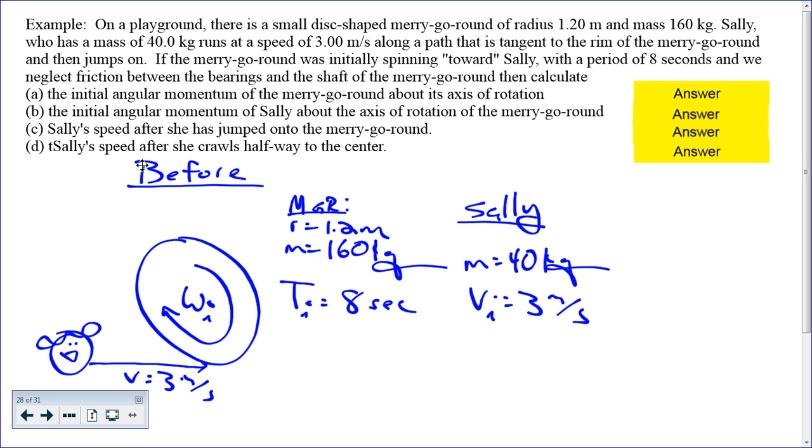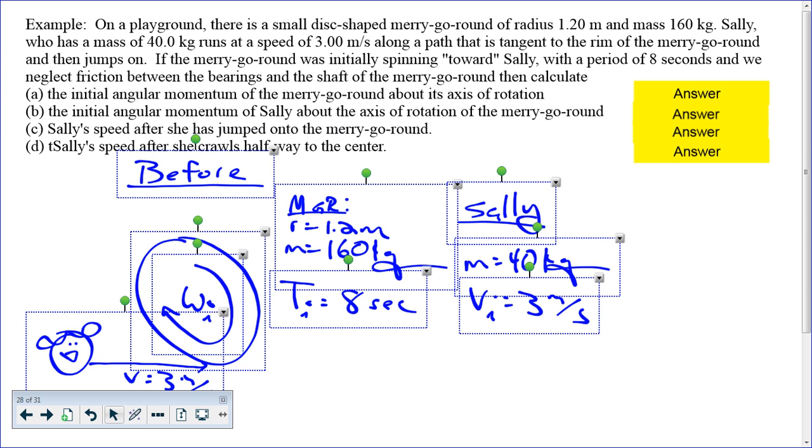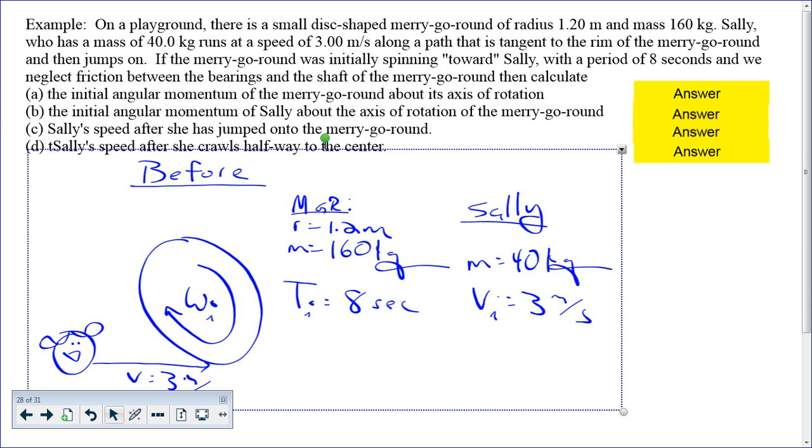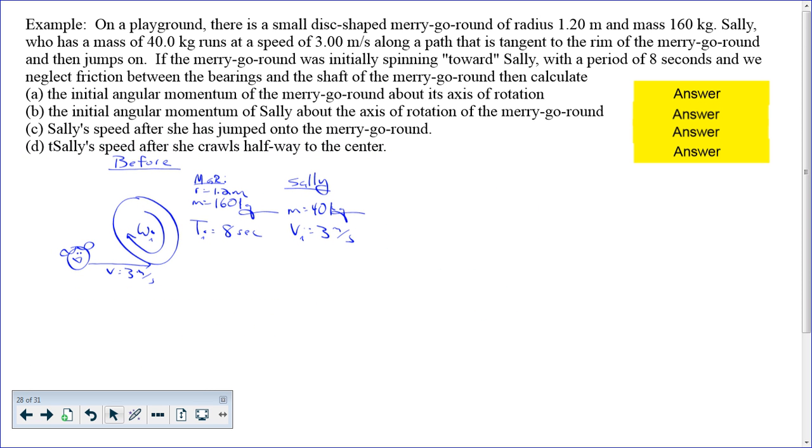Okay, so if you didn't just hear him, Adam just said, would it be easier to convert the period to, would you say, angular velocity? It's exactly what we need to do. We need to know the initial angular velocity of the merry-go-round, right? So how do I use that 8 seconds to find the initial angular velocity?